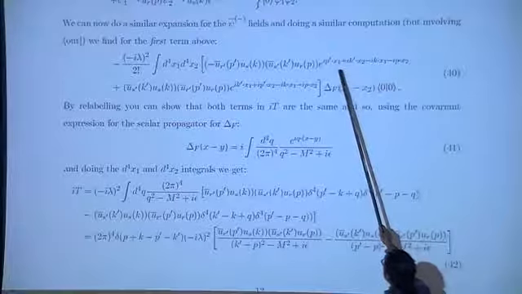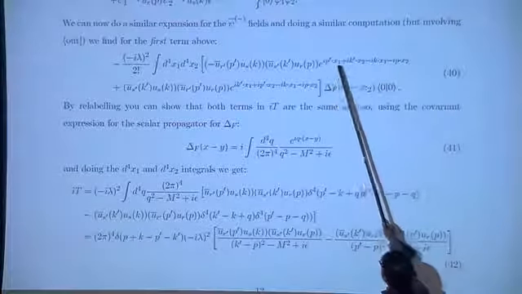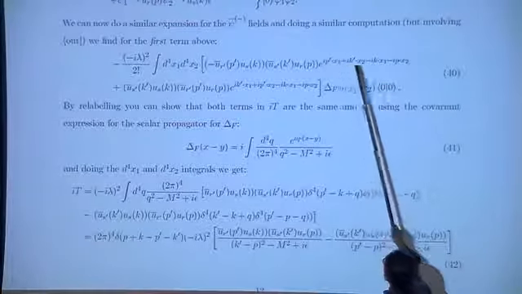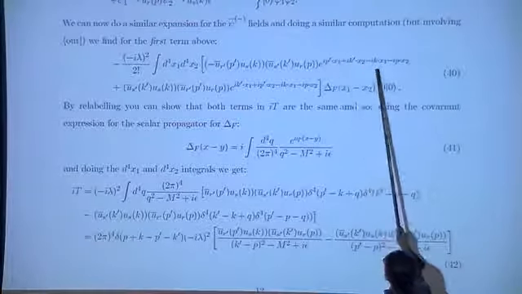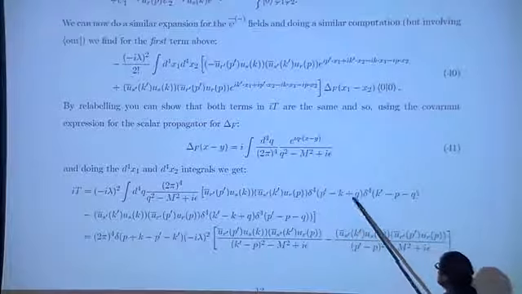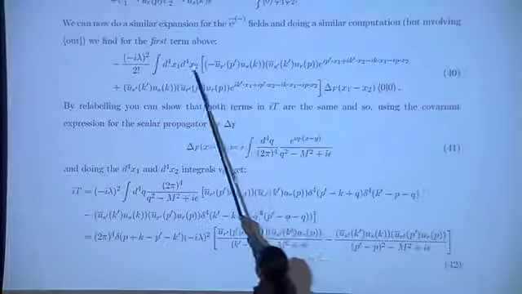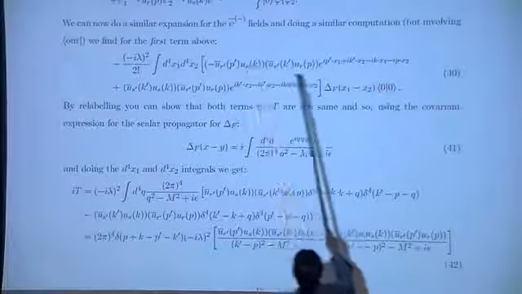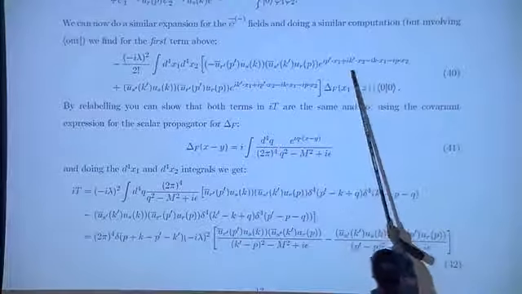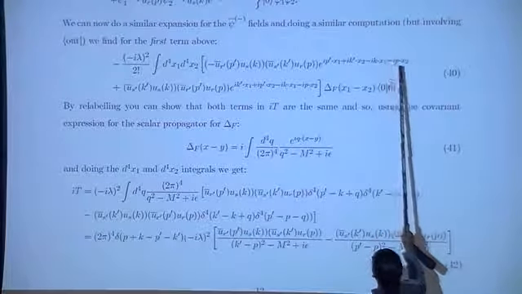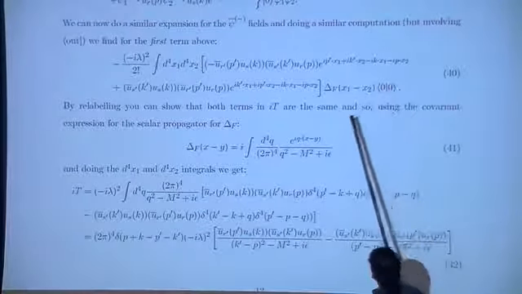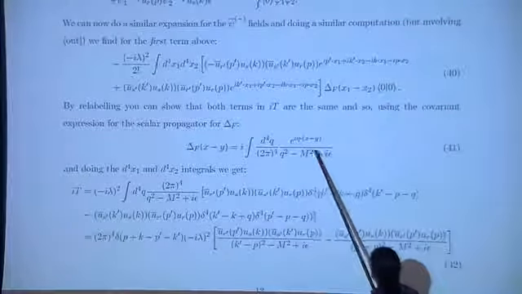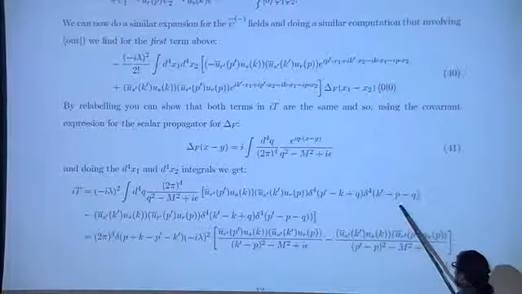When you do the x1 integral, you get a delta function which involves p prime, k minus k plus q. This is this delta function. When you do the d4x2 integral, you get a delta function with k prime minus p minus q. And that is this delta function.